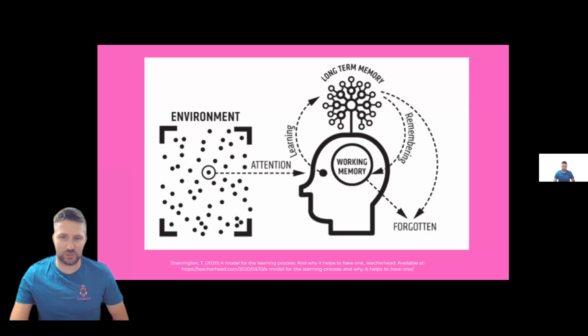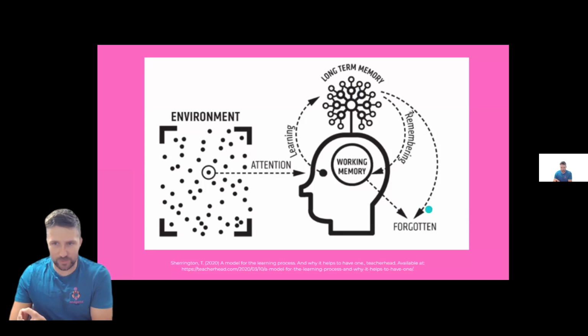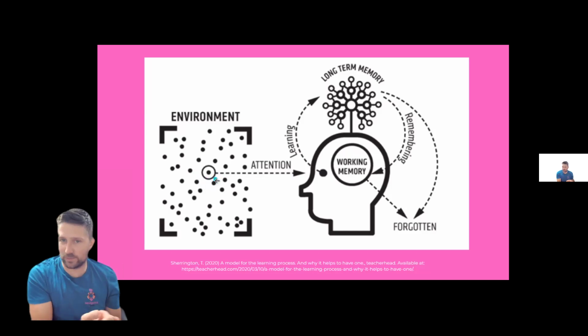I show this to my students and I say, this is why we forget things. And this is the process that we are trying to strengthen. So when I'm focusing on remembering stuff, this is why I'm doing it. When I talk about remembering and the things that you have in your brain, this is why. When I talk about how you need to pay attention to this specific thing, this is why I'm doing this.